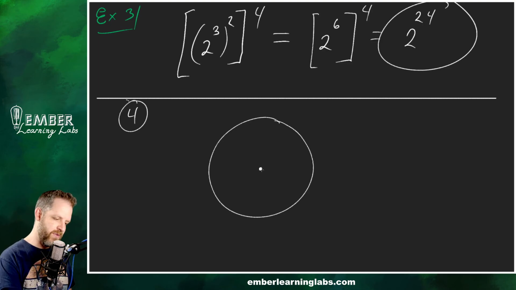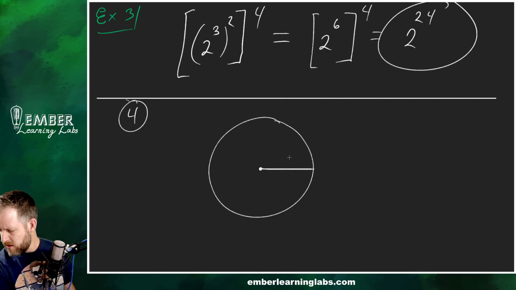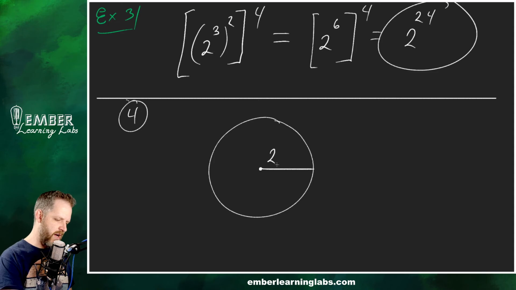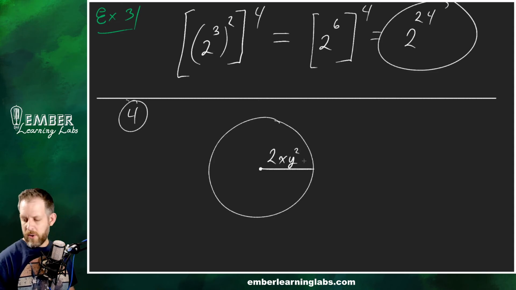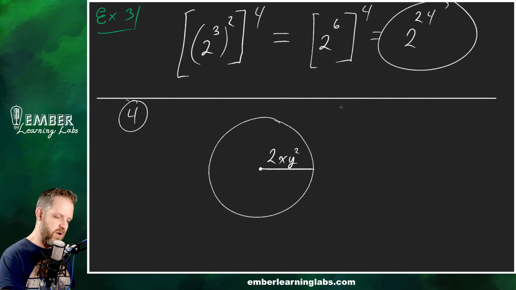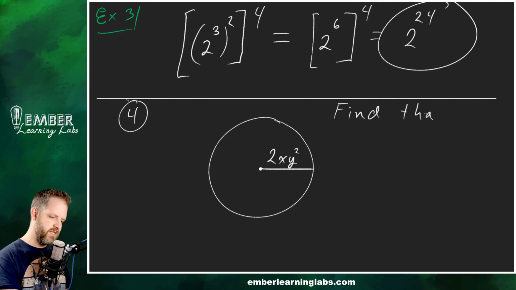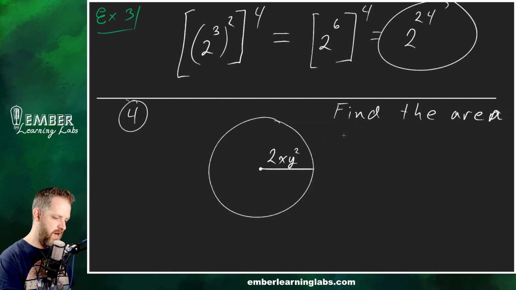And then we're going to label the radius of the circle as 2xy squared. Now, what we want to do is find the area. The area. Whoa, that's not how you spell it, is it? The area as a monomial.